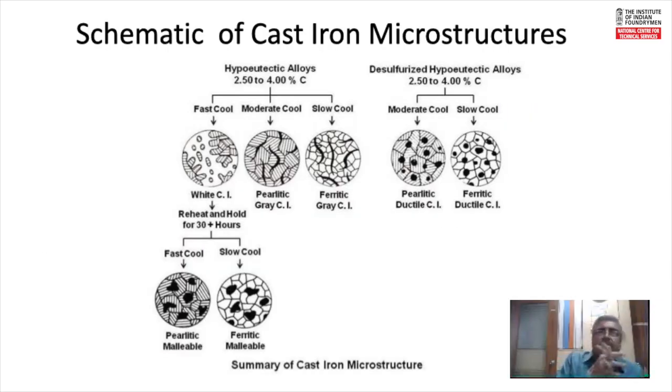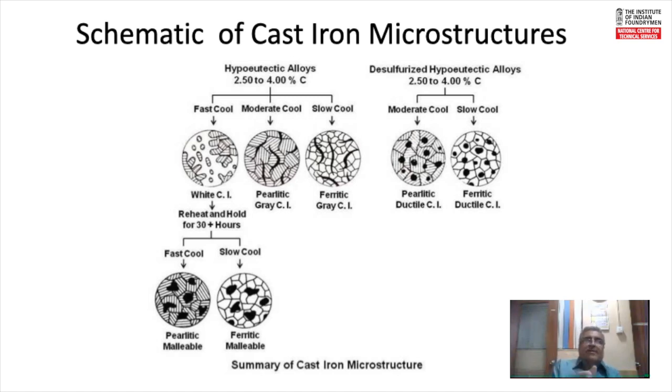Let me take a schematic of cast iron microstructures, and I am considering hypoeutectic alloys. You can see it here on the left-hand side. I have said 2.5 to 4% carbon, which is a big range.